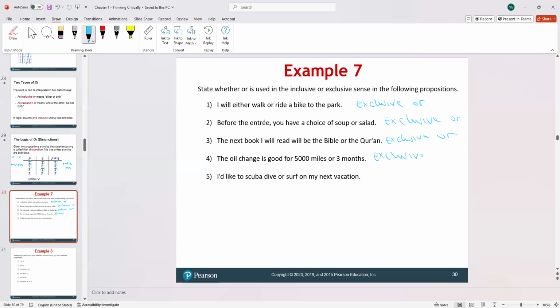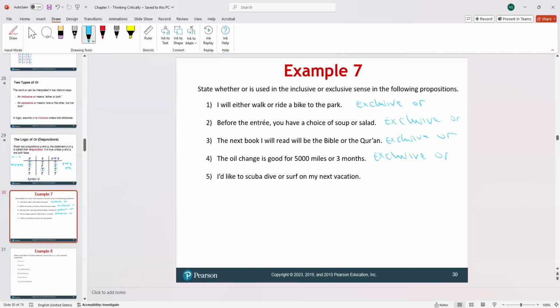Okay, for some reason, I think from the book I use all those examples, but I'd like to scuba dive or surf on my next vacation. So again here, which one are you going to choose? I'd like to scuba dive or surf on my next vacation.